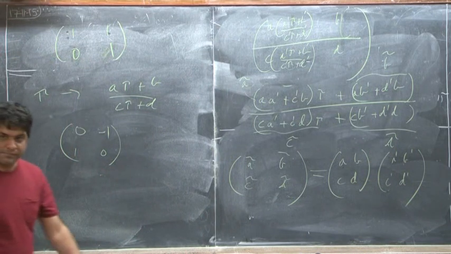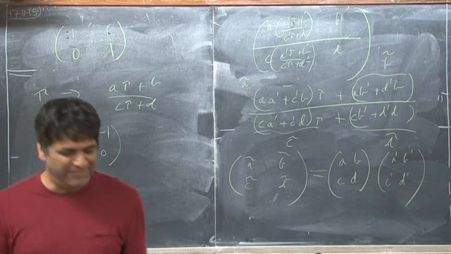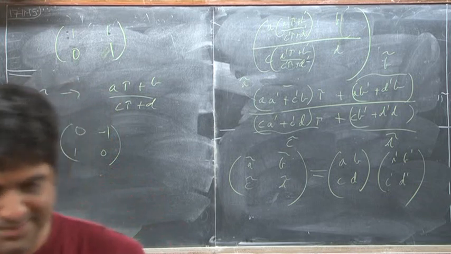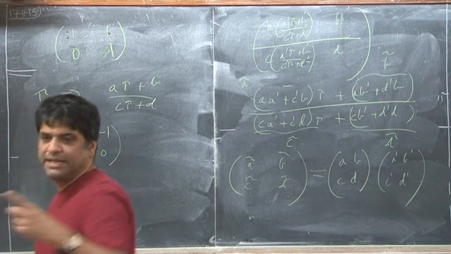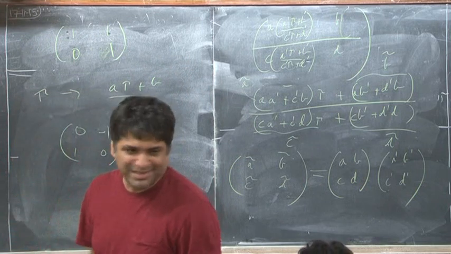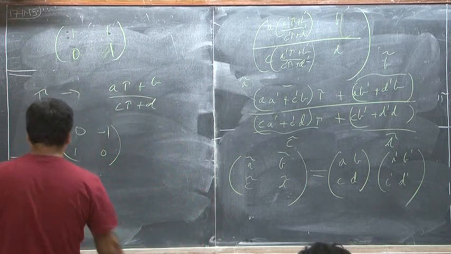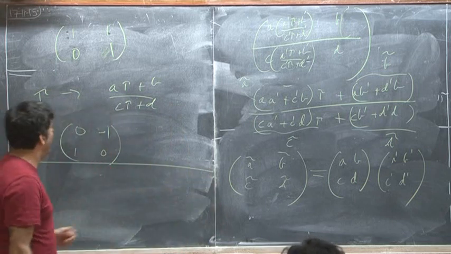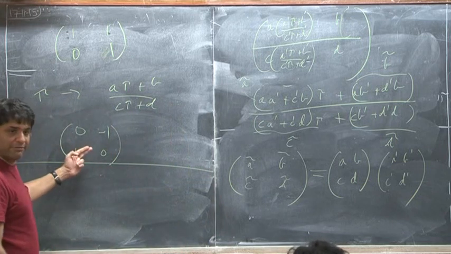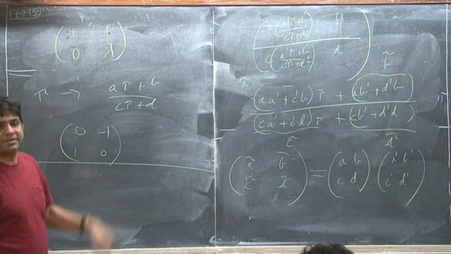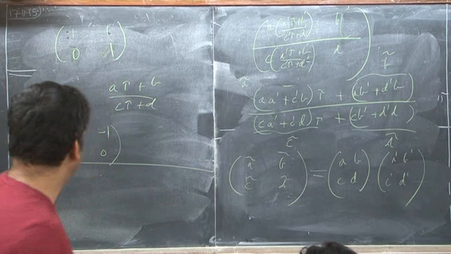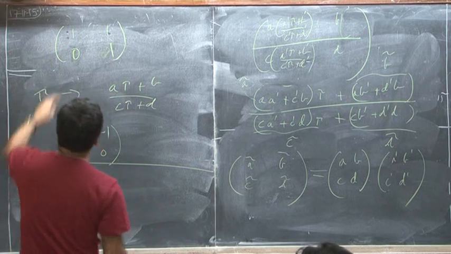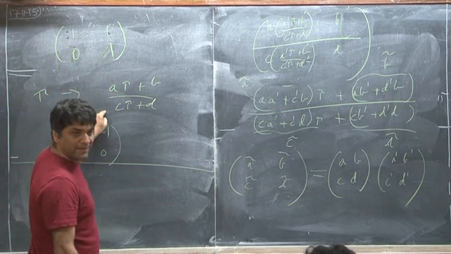Why do we need to make this convention? The convention was just that we wanted to deal with taus with positive values. Now you can easily convince yourself that by multiplying these two matrices an arbitrary number of times, firstly, each of these matrices is of this form.